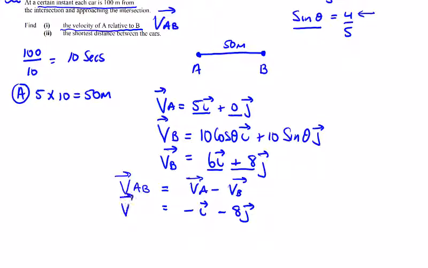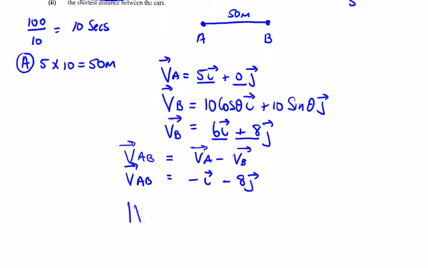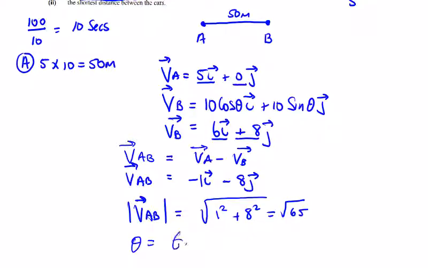So we're not asked in this question, but we normally ask the magnitude of this. Let's get it anyway. Actually, no, we don't need it in this question, but the magnitude of the velocity of A relative to B, the one that's in here, squared, plus my 8 squared, square root 65, just a little bit over 8. And the angle, theta, is equal to the inverse tan of 8/1.